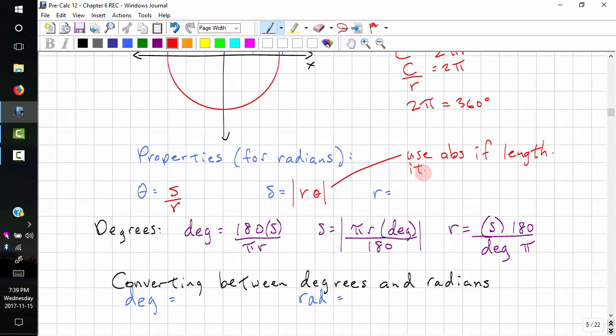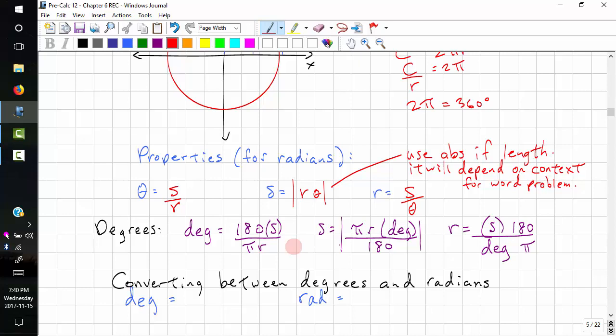It will depend on context for word problems. If they say displacement instead of length, you would have to remove the absolute value sign for displacement. And r is equal to the arc length divided by the angle.